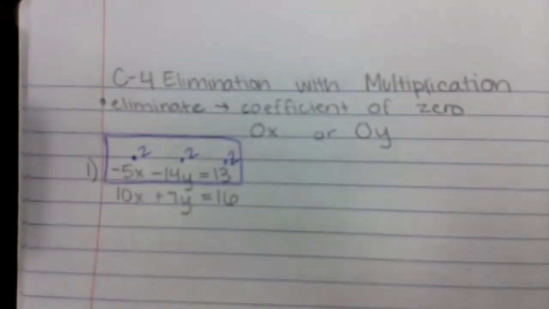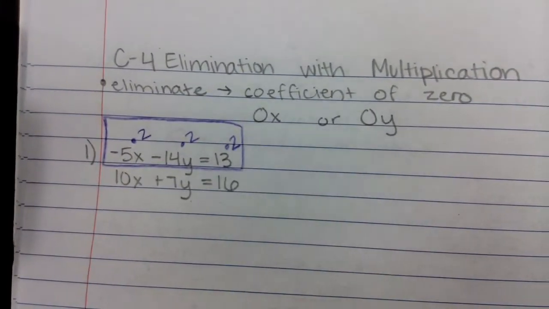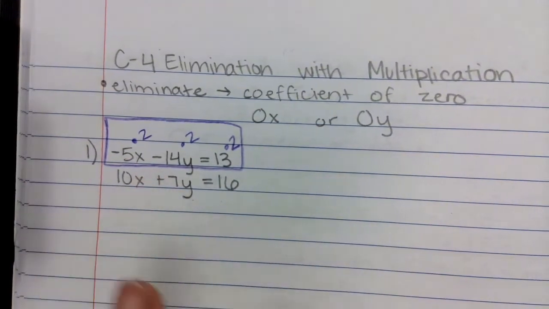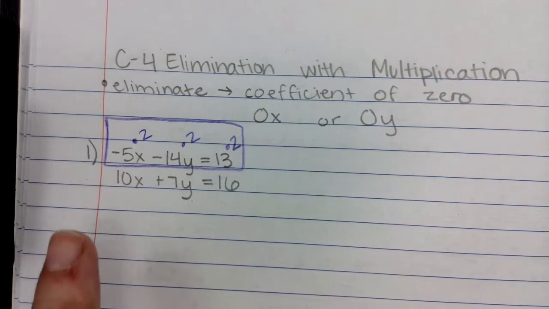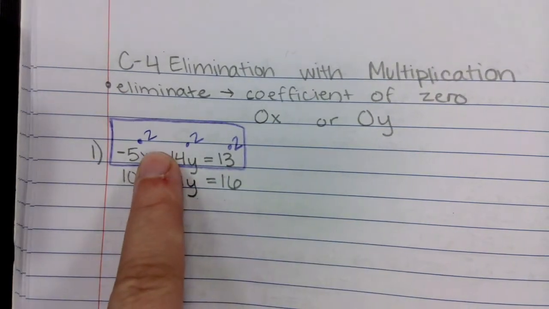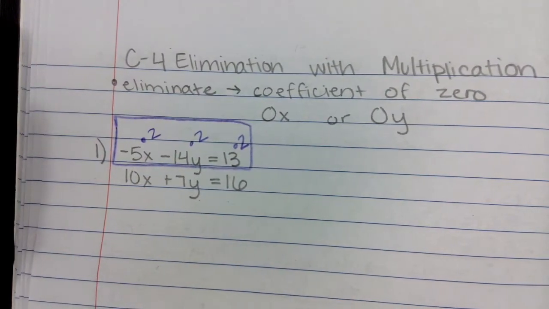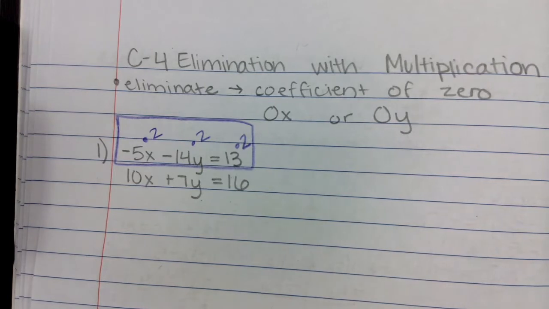With that negative 2, we could have done a negative 2. That's why we have so many options. With the negative 2, it would give us a positive 10. And that's just going to come out with whether or not we add or subtract. We just need to get something matching that 10. I like to multiply by 2, so I'm going to keep it a 2.